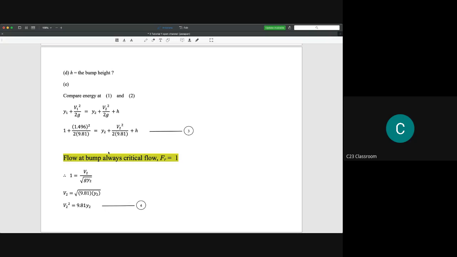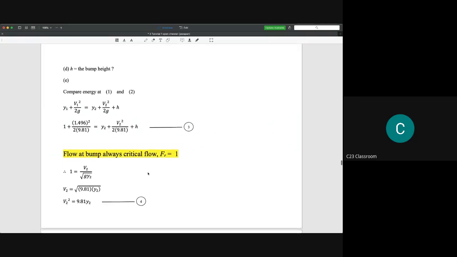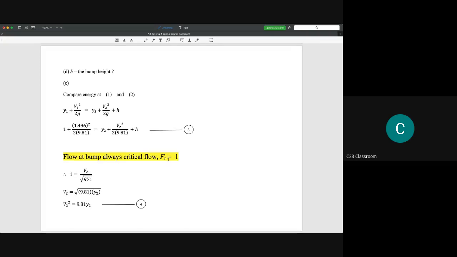At the same time, we assume that the flow over the bump will always be the critical flow, so we could assume that on the bump the Froude number is equal to 1. Because we already know the Froude number is equal to 1, we could calculate by using the Froude number here, so we could substitute all the values.